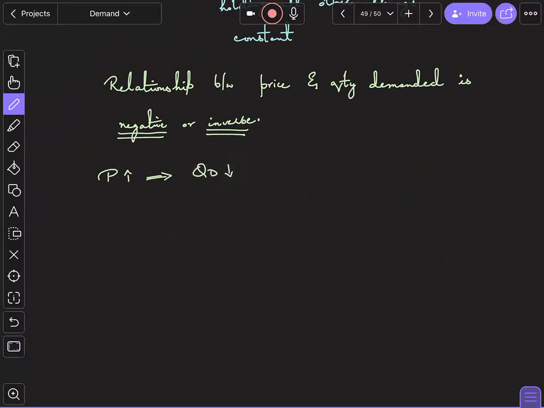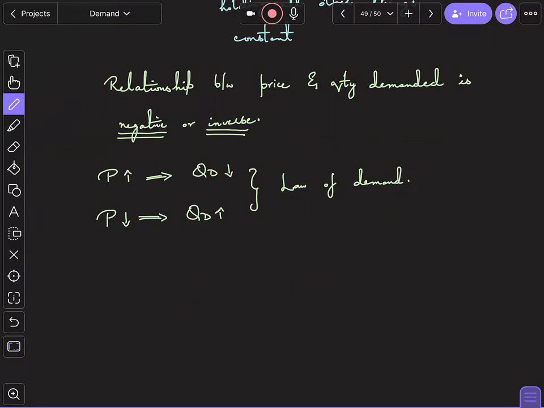And if the price falls, the quantity demanded by the consumers will rise. This is called the inverse relationship, or this is called the law of demand. So the law of demand states that there exists an inverse relationship between price and the quantity demanded.